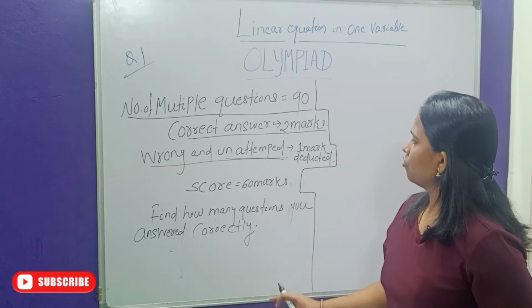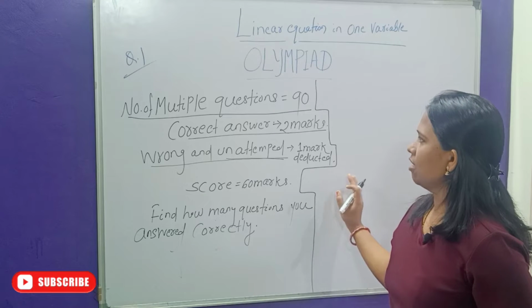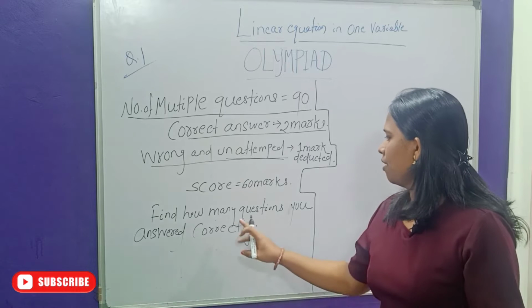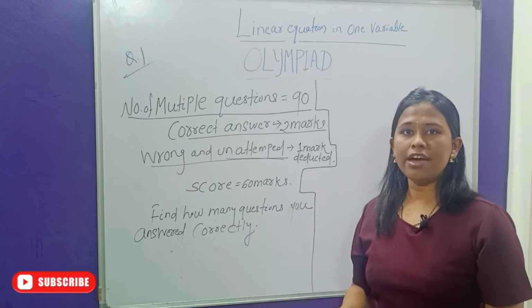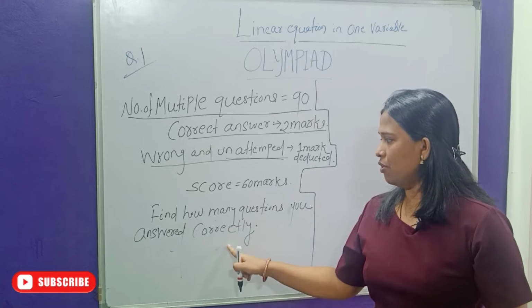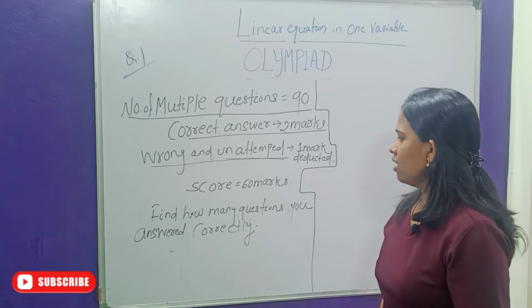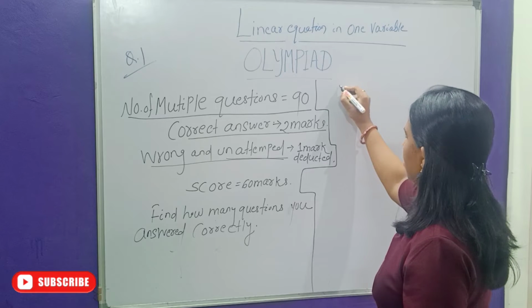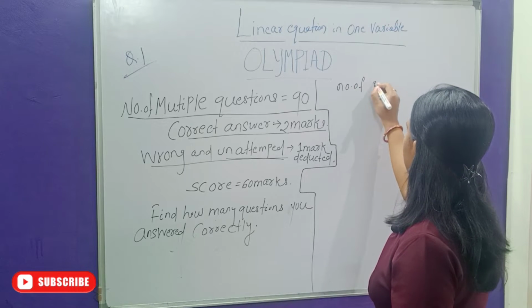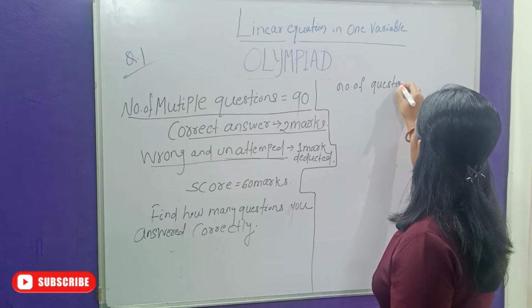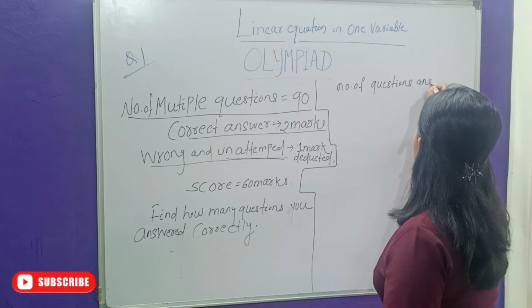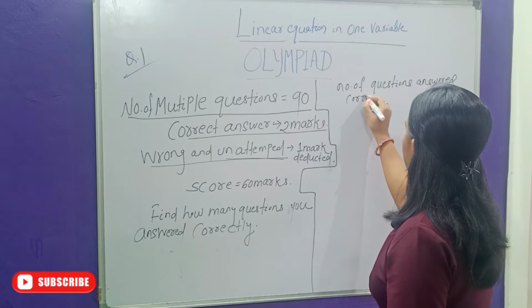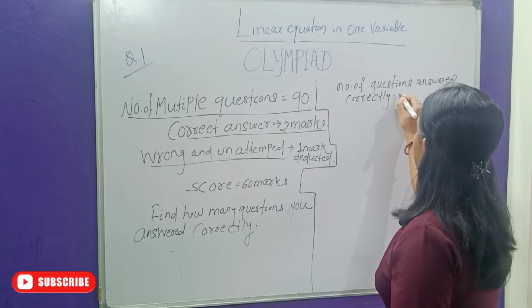This is a word problem question, so now we have to think about the logic. We have to find the number of questions answered correctly; we don't know it, so let it be x.